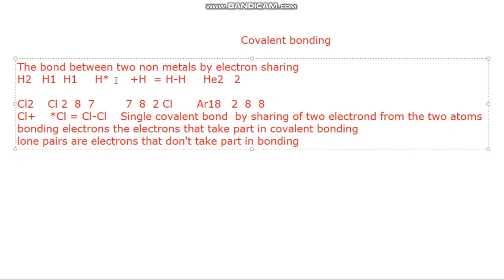So we have 1 bonding electron for each atom. So we have 2 bonding electrons. We don't have extra electrons, so we don't have lone pairs. Lone pairs are the electrons that don't take part in bonding. So no electrons are left that didn't take part in the bonding.